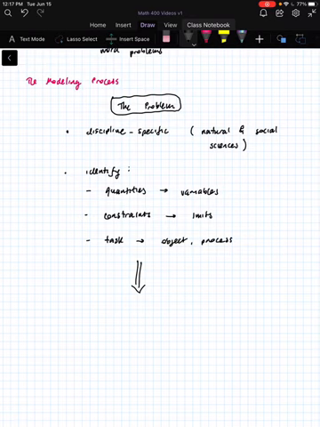So the process of modeling takes the problem and then creates the model around it.